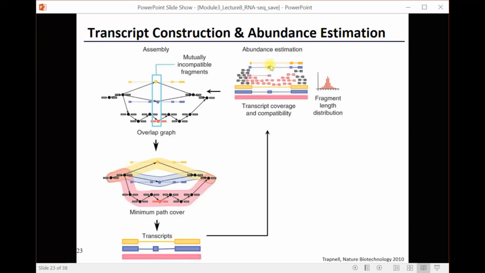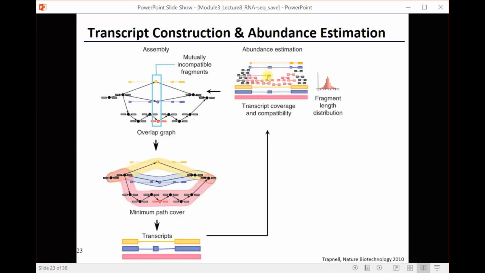This yellow junction read and this blue read cannot appear in the same transcript, because if they came from the same transcript, the yellow one should be broken at the corresponding position in the blue, rather than just directly going across.